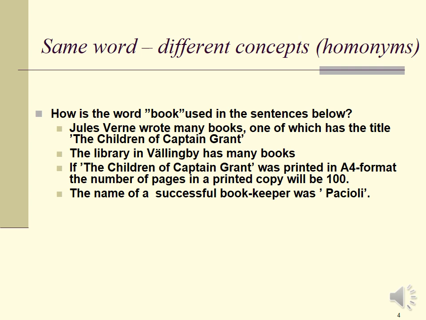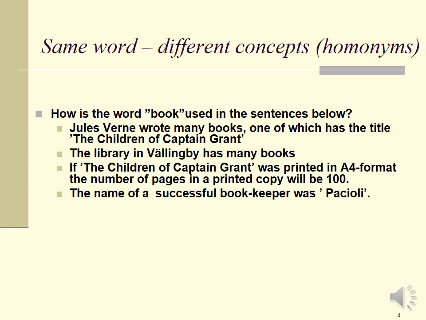So how is the word book used in the sentences below? Jules Verne wrote many books, one of which has the title The Children of Captain Grant. That's the first sentence, and books here is the focus. Then the second sentence is: the library in Vällingby has many books. Second example of a book.